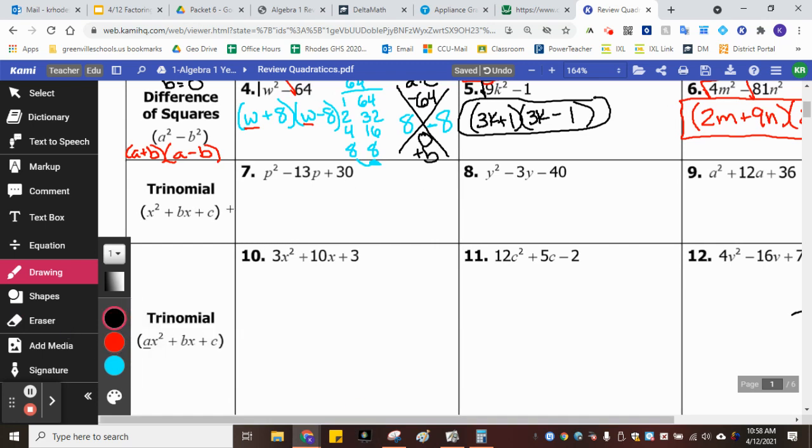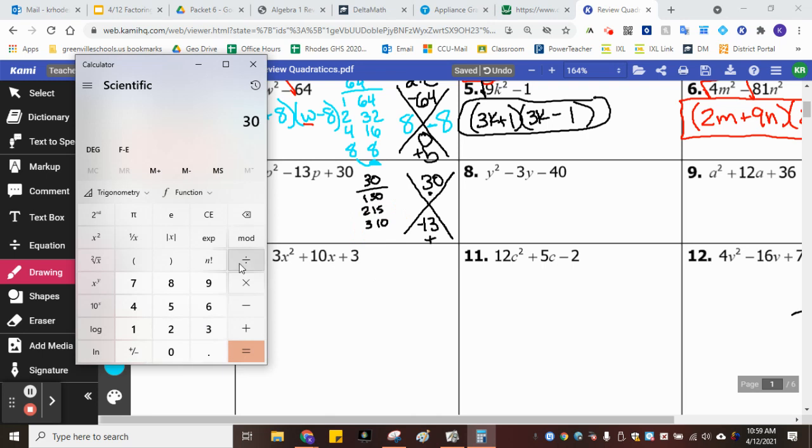So what multiplies to a times c? 1 times 30 is 30. What multiplies to 30 and adds to negative 13? If you don't know, you write your list: 30, 1 and 30, 2 and 15, 3 and 10, 4, I don't think works, 5 does, 5 and 6.